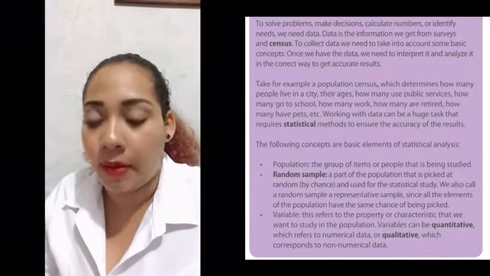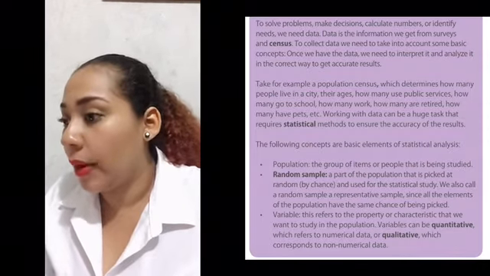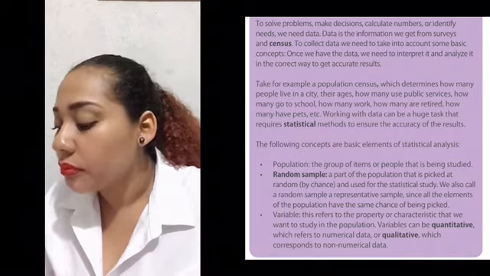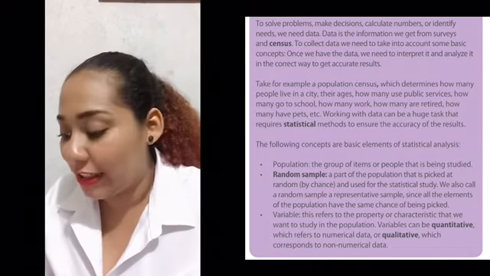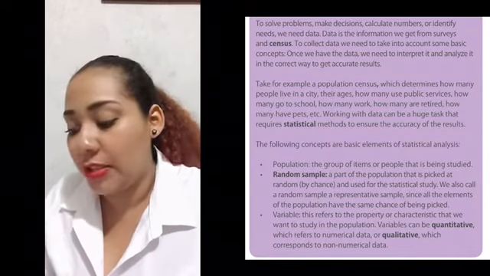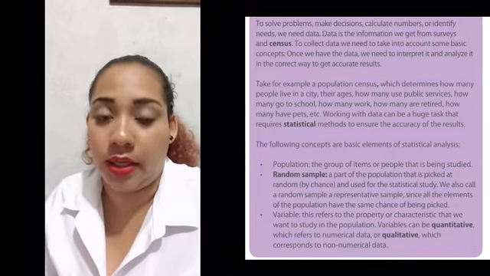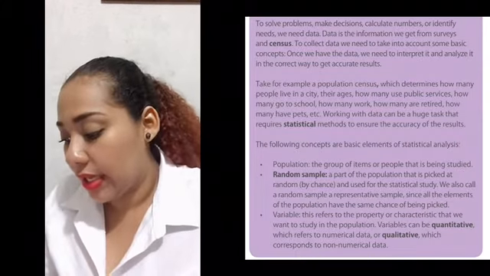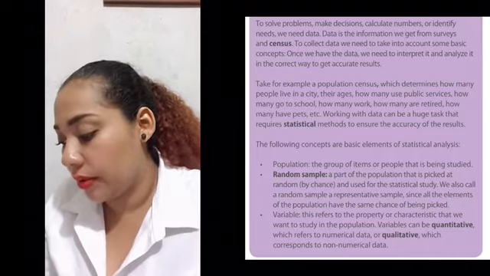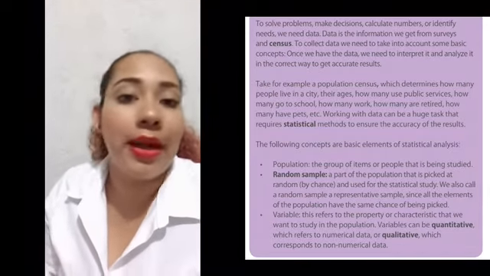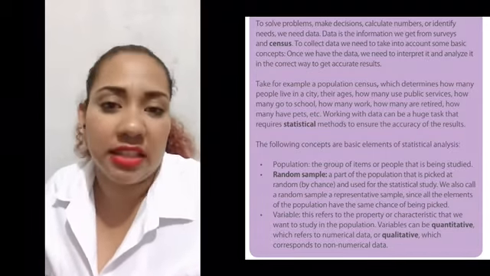Random sample. The random sample is a part of the population that is picked at random, by chance, and is used for the statistical study. So this is a random sample. Well, I'm just going to select this one.